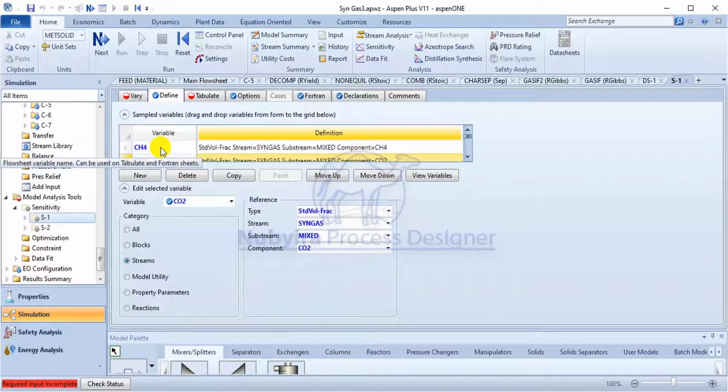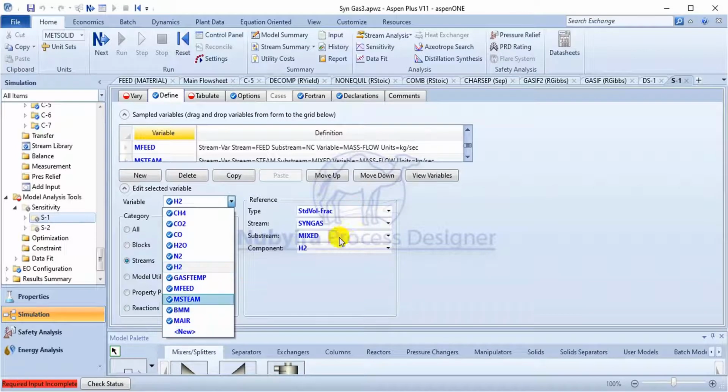Because we are going to be checking the composition of the product, we have all the compositions here: methane composition of the syngas, CO2 composition, H2O composition, nitrogen composition, H2 composition. You can easily add these by just pressing New. It will show up from here, then it will show up in the reference, so you can pick the same reference, maybe standard volume fraction.